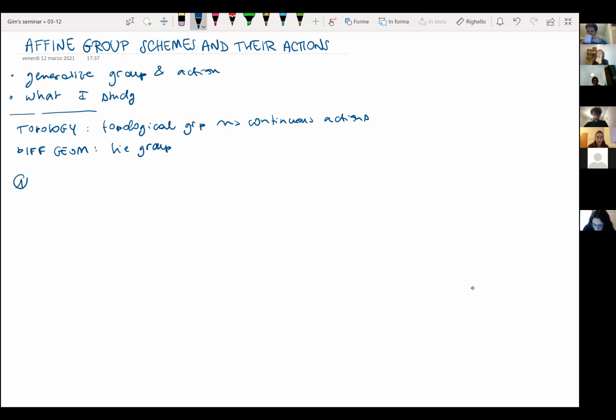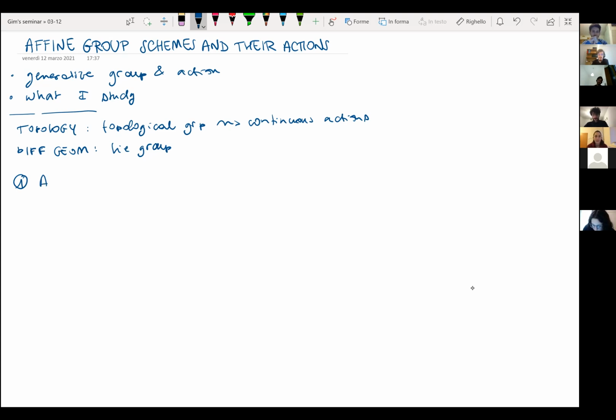So to see how the concept of group can be generalized, I will give you the definition of group in a way that may be a bit different from what you're used to, but it's the right way to define it in order to generalize this concept.